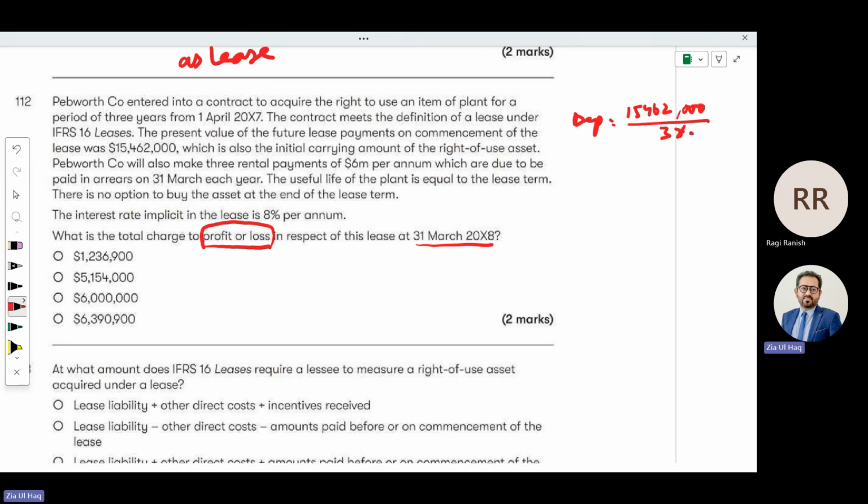What is depreciation? 5,154,000. And what is the interest? So interest will be calculated on 15,462,000 multiplied by 8%. And that is what?